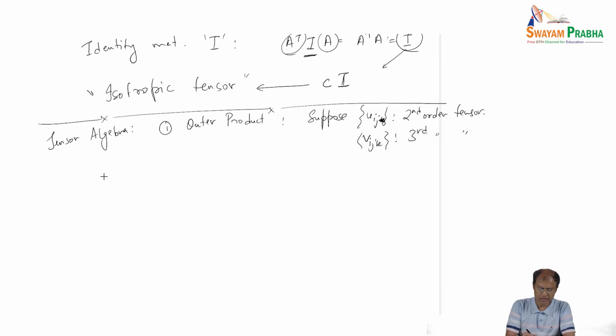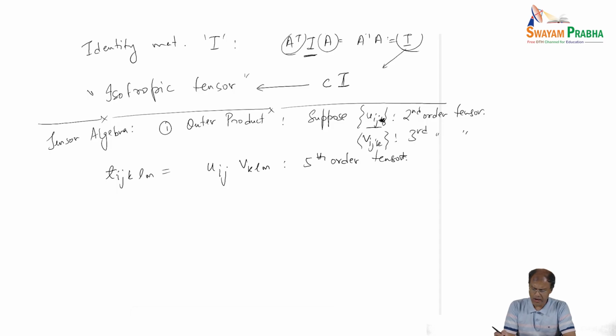Then we can describe a fifth order tensor, Tijklm, as the product of these tensor components, Uij Vklm, and this is a fifth order tensor.